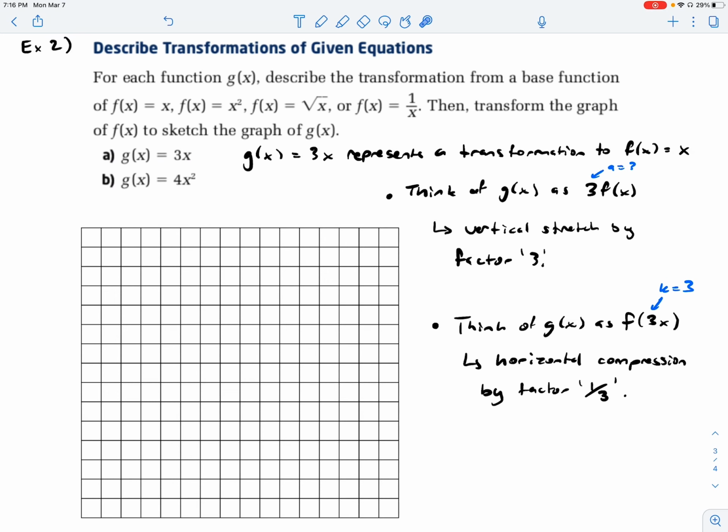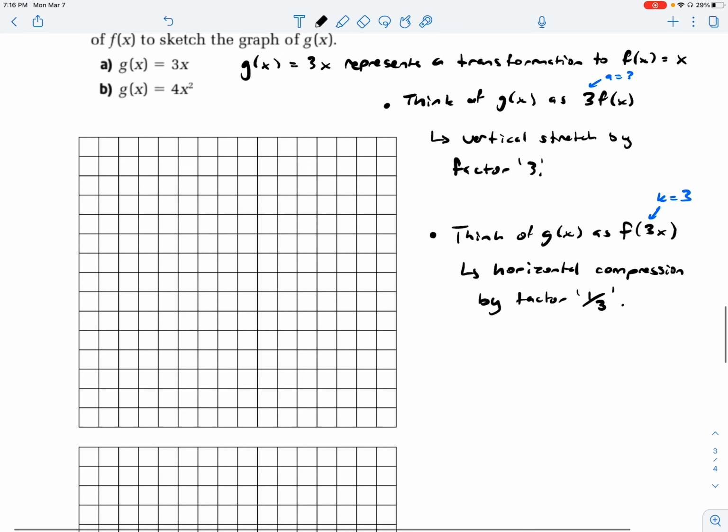So I'm going to graph the base function. We'll get the y-axis over here, and we'll put the x-axis over here. So y equals x. We'll do this in black. It's going to go through the origin.